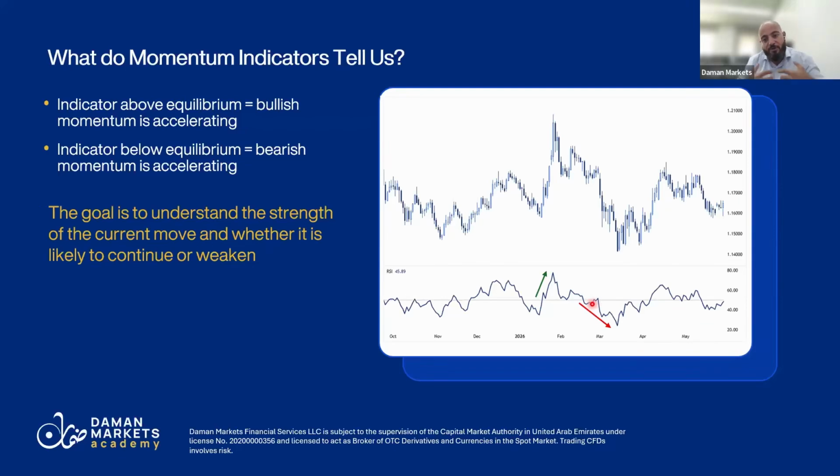So now the majority of the price movement is bearish. As it goes below 50, the bearish movement is accelerating. When it bottoms and starts to go up, it means that the bearish momentum is decelerating. So prices are still going down, but at a slower pace.